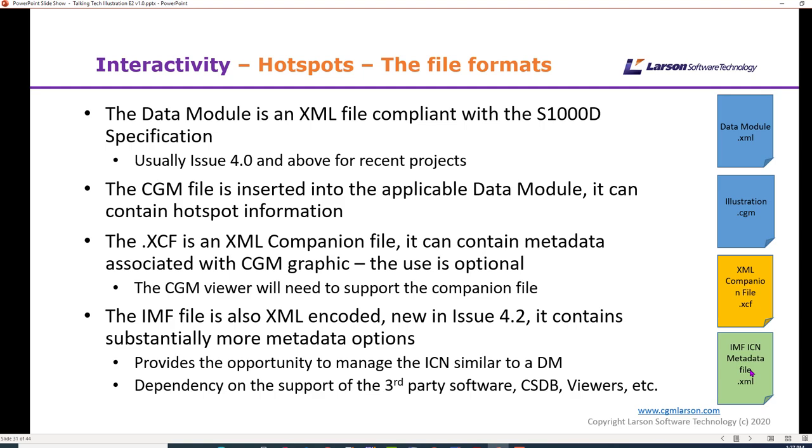But with the CGM viewer, you need to make sure that it actually supports the companion file. That can sometimes be an issue. With the IMF, we would definitely have an issue with viewers supporting this particular companion file. It was new in issue 4.2. As I said earlier, I haven't really seen any projects using this at this time.